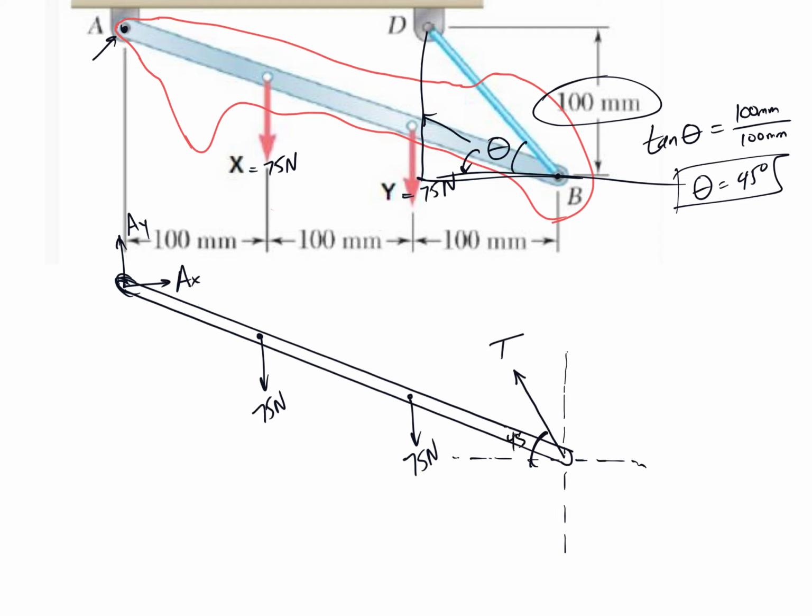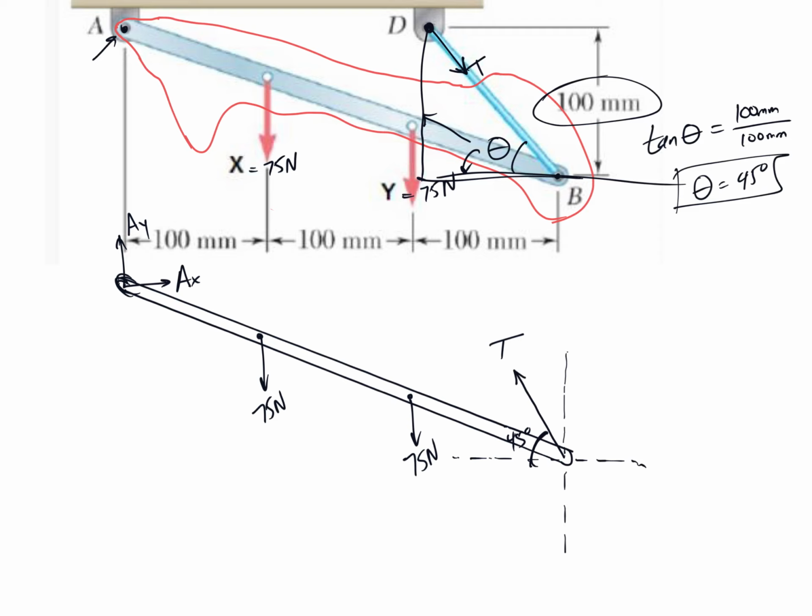Okay, so I didn't write down what we're going to solve for here, but we're going to go ahead and solve for everything. So we're going to solve for the reactions. We want to know what's going on at D. The nice thing is we know what's going on at D. Basically, it's pulling on this whole thing with whatever T is, or the whole thing is pulling on T in that direction.